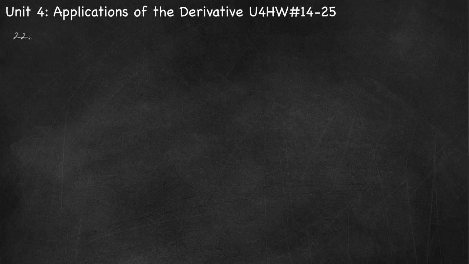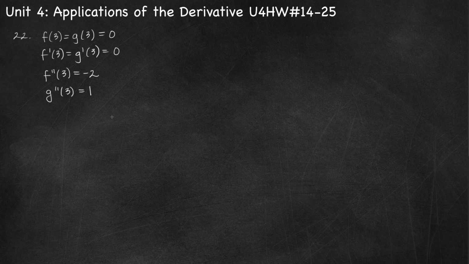22. Let f and g be differentiable functions about which the following information is known. F of 3 equals g of 3 equals 0. We also have f prime of 3 equals g prime of 3 equals 0. We know f double prime of 3 equals -2. And g double prime of 3 is +1.